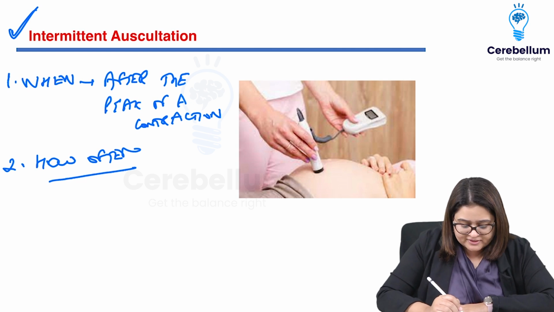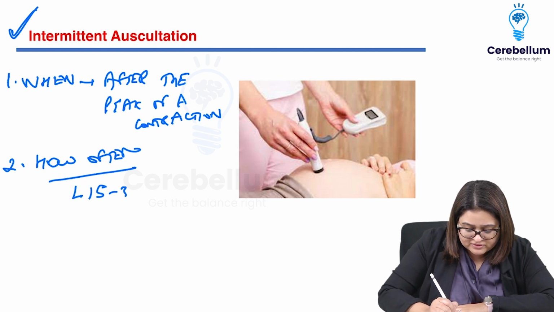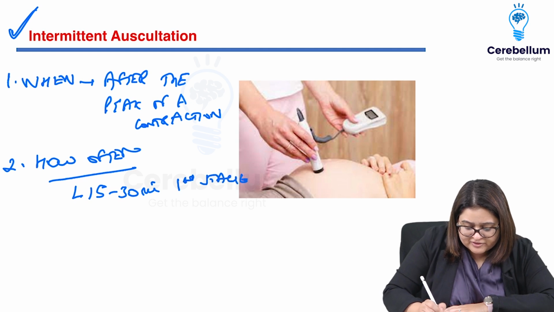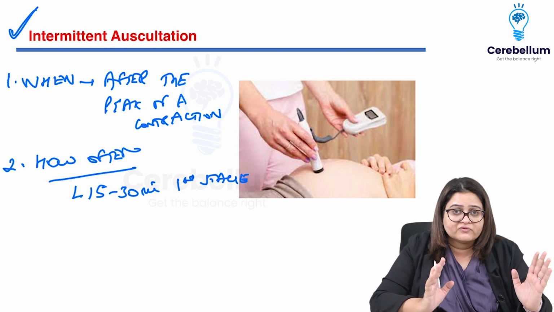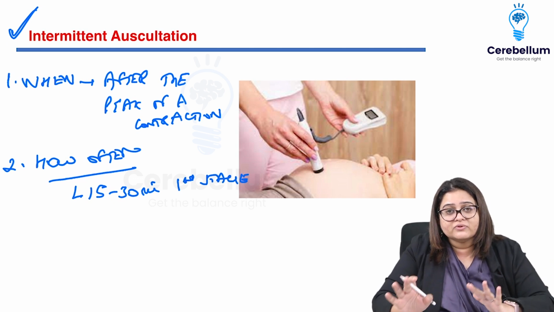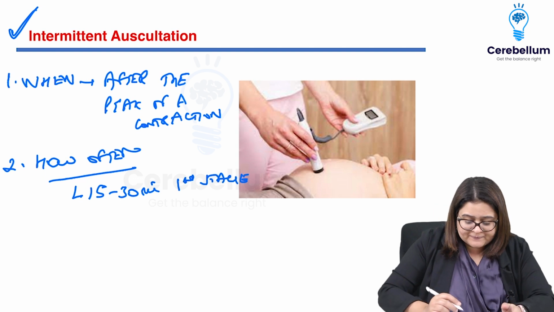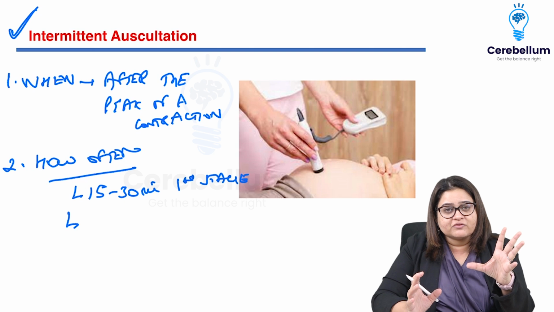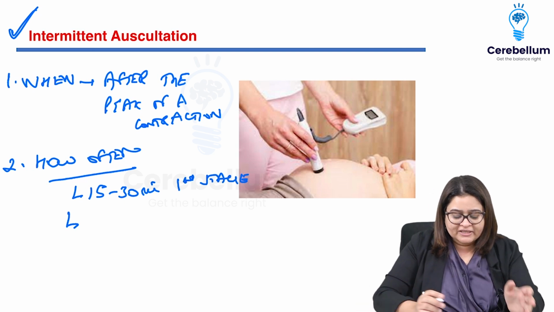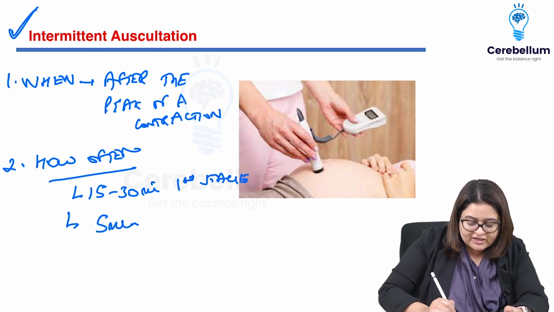Okay. The other thing is, how often does it need to be done? It is done every 15 to 30 minutes in the first stage of labor. What is the first stage of labor? The first stage of labor is from onset of true labor pains till full dilatation of the cervix. And in the second stage of labor, what is second stage? From full dilatation of the cervix till delivery of the baby. It is done every 5 minutes.